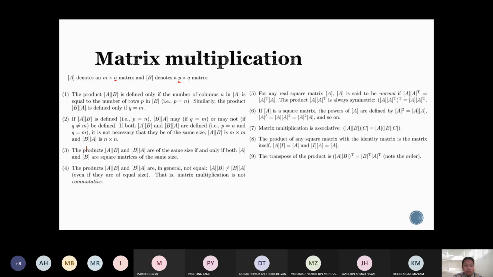The size n equals the size of p, meaning the columns of A equal the number of rows in B. Then you can multiply.